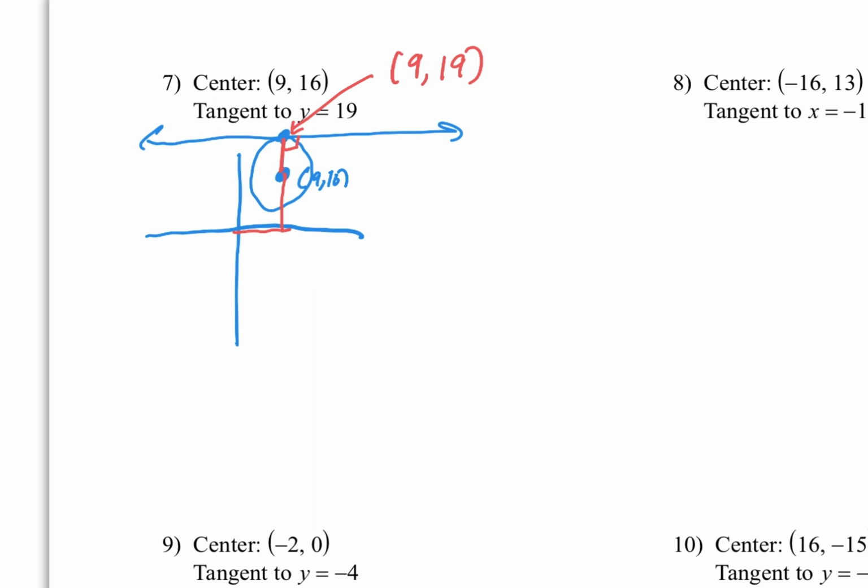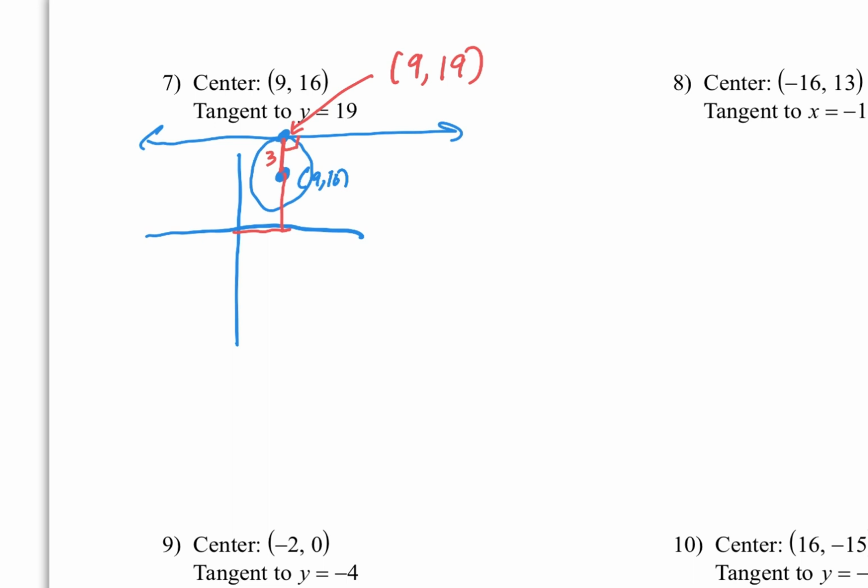Now, really, you don't even need to do the distance formula for this one. What's the difference between 16 and 19? 3, right? So this radius right there is just 3. And that's how these are always going to work. You can just find that radius. If you did the distance formula, you're going to find the same thing.